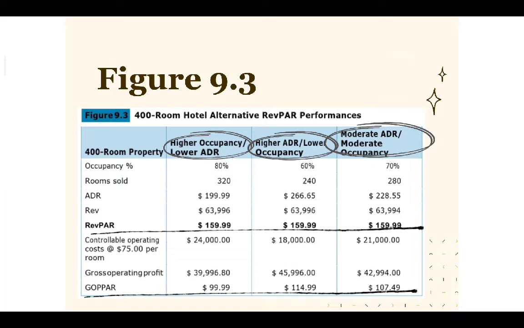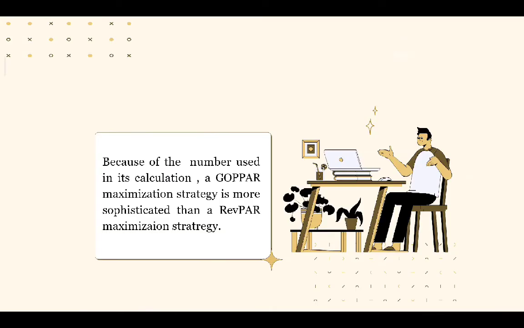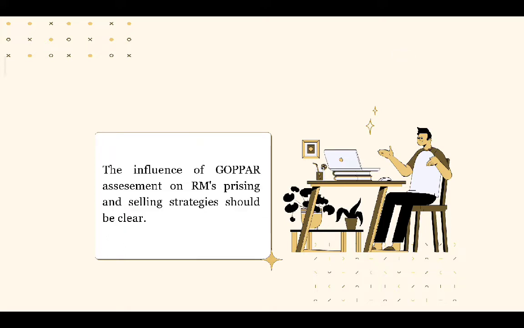Because of the numbers used in its calculation, a GOPAR maximization strategy is more sophisticated than a RevPAR maximization strategy. So, the influence of GOPAR assessment on RMs' pricing and selling strategies should be clear.